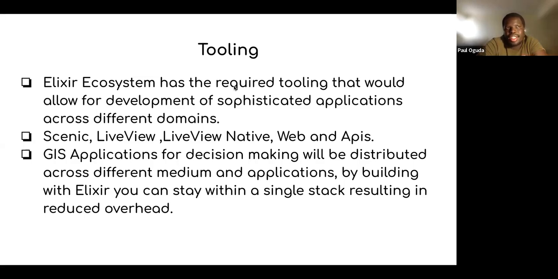But with Elixir and its tooling, we can use it across all these areas, which I think is where the next phase of graphical based applications is going, especially with the onset of things such as IoT, machine learning, AI. So there's a lot that Elixir can take you, and it can supercharge your GIS application.